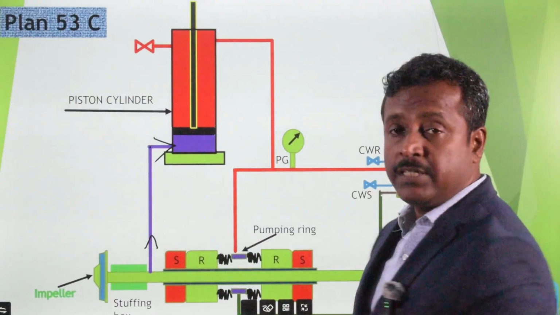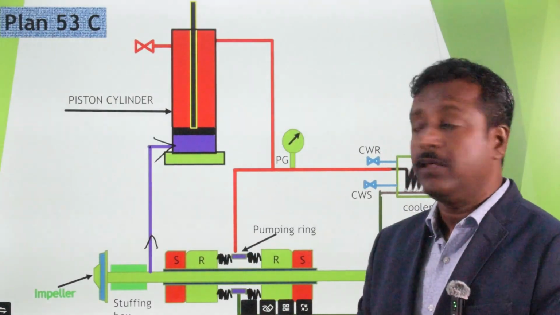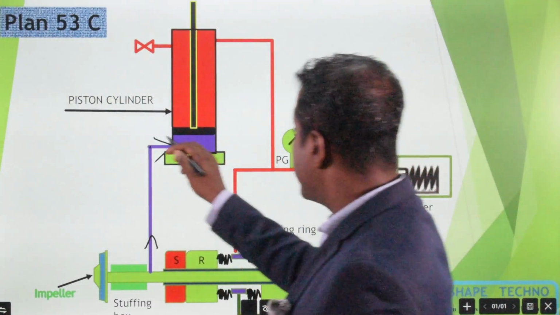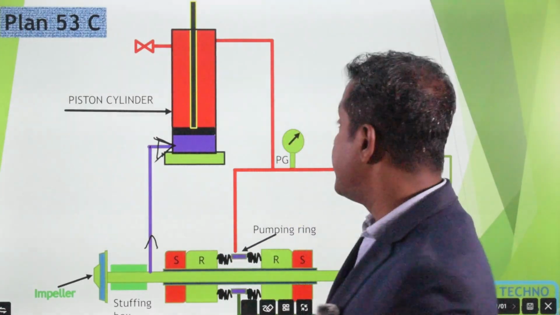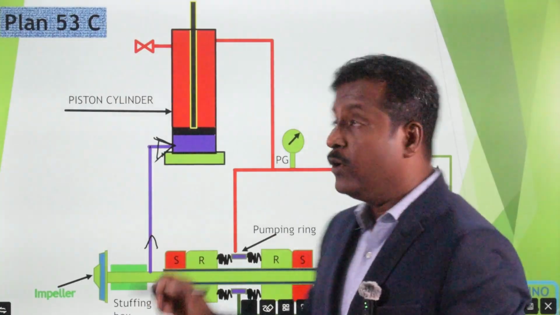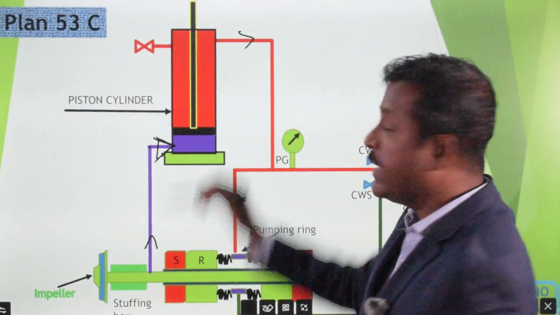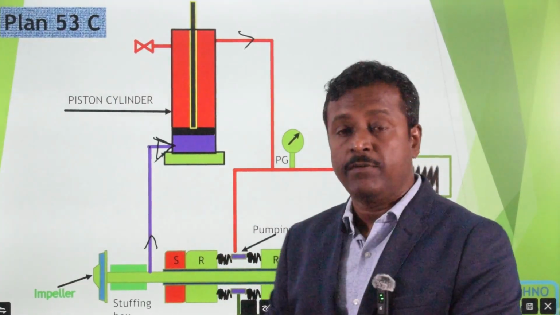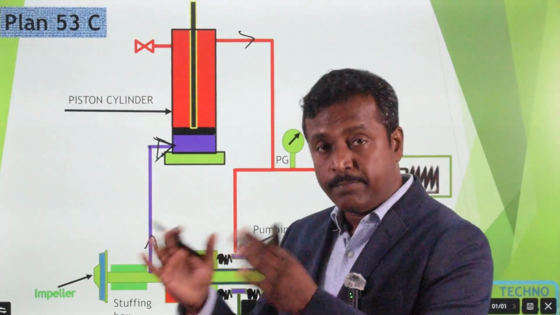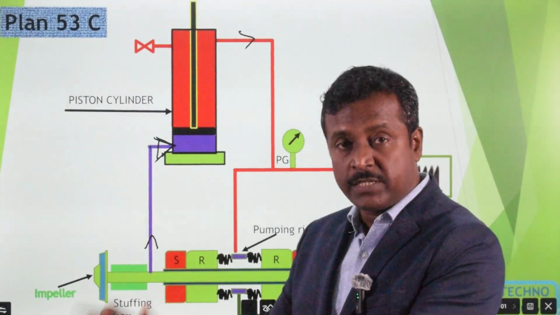In Plan 53C, with the help of a piston cylinder arrangement, we maintain the pressure. At the bottom of the cylinder, we put the stuffing box tapping, and from the top of the cylinder, we take the barrier liquid tapping.